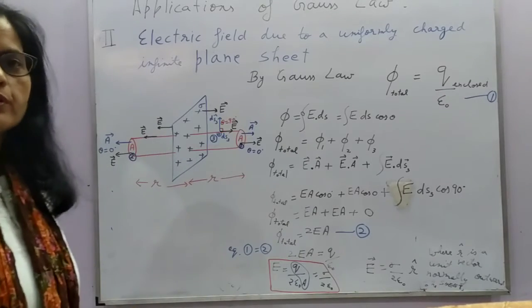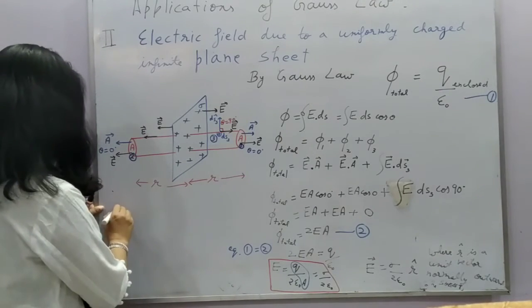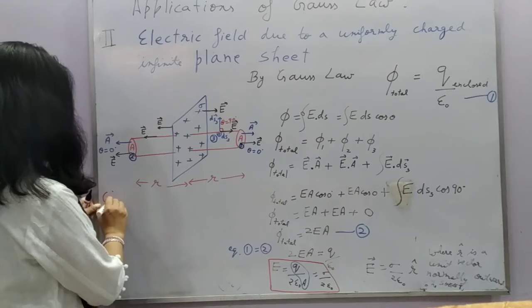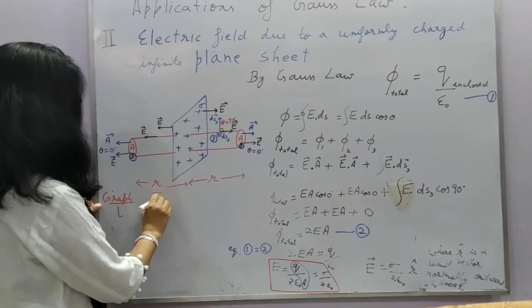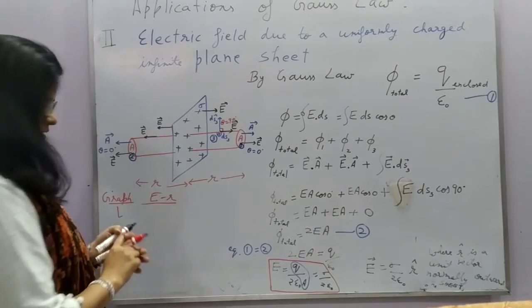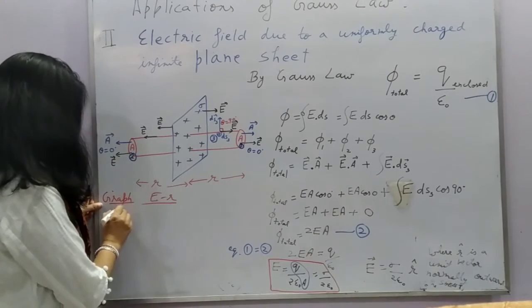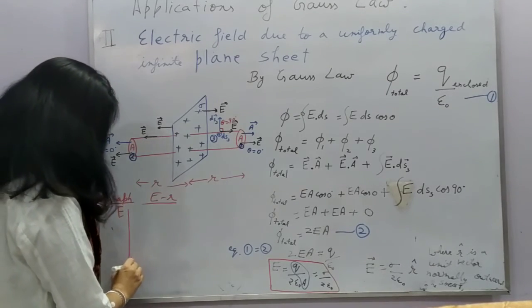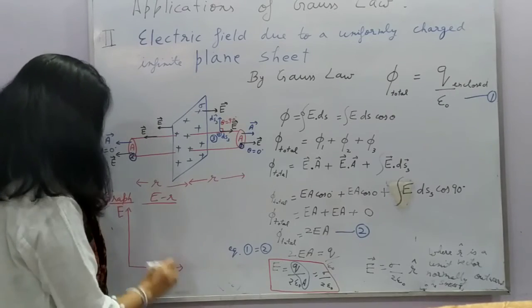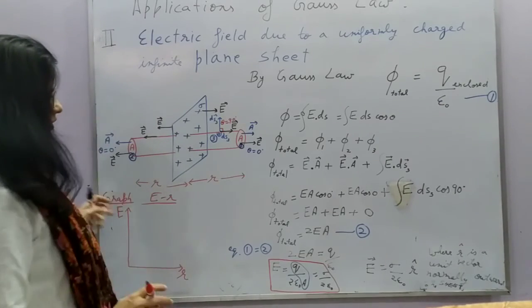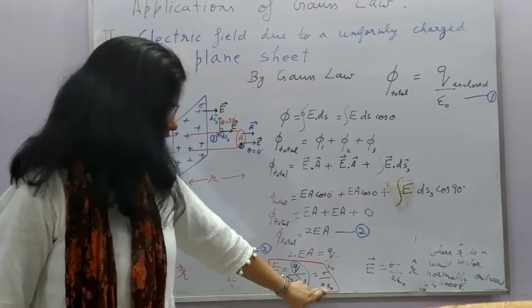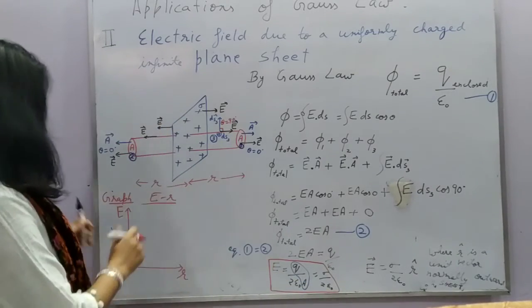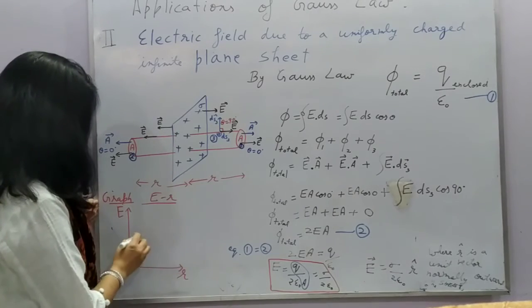Now, if I want to draw the graph between electric field and the distance, I can place the electric field here and distance here, and we know that in this expression r is not there, distance is not there, so you can say that E does not depend on r.